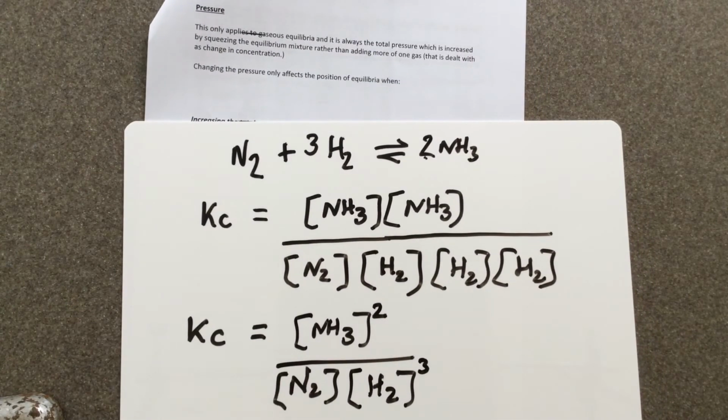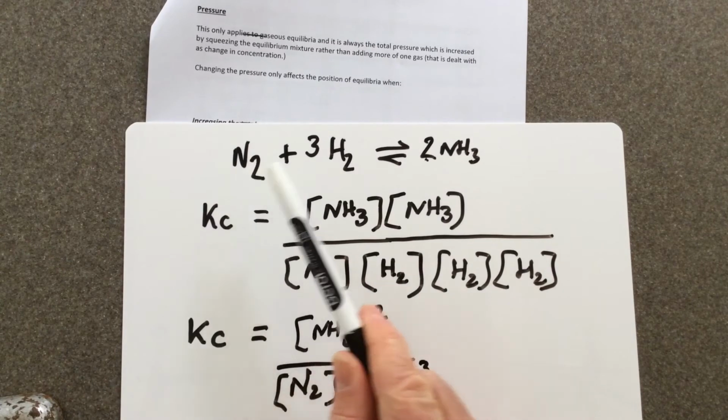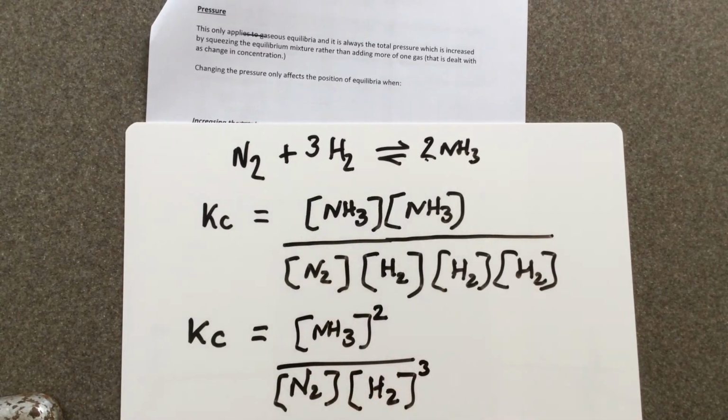So let's think about our equilibrium then. Nitrogen plus hydrogen is turning into ammonia. If I increase the pressure, what would Le Chatelier say? What's going to happen to the position of equilibrium if I increase pressure?